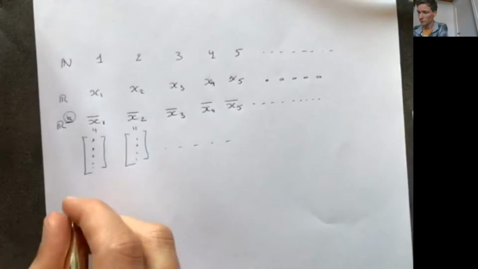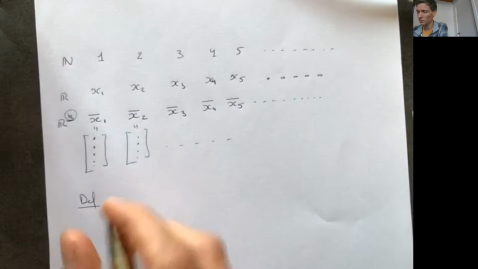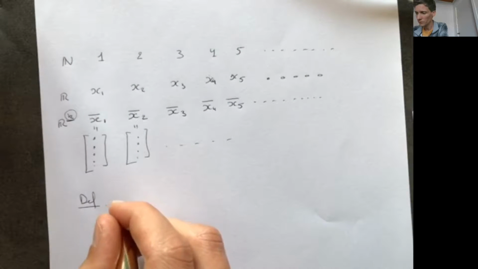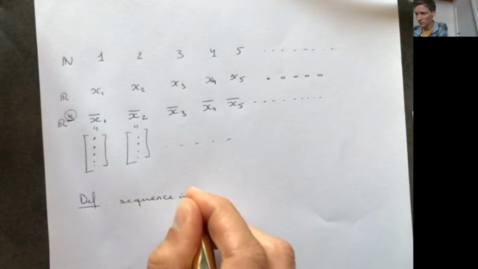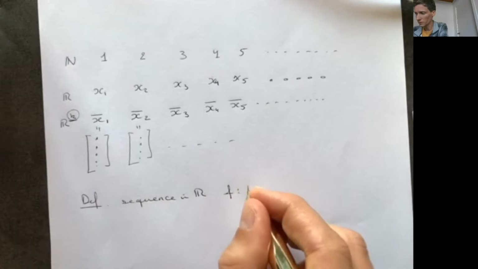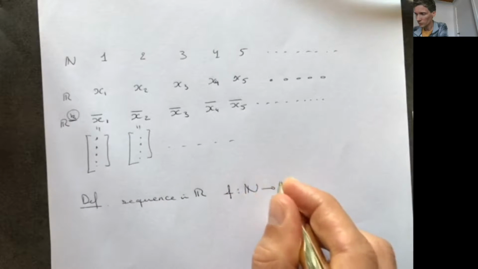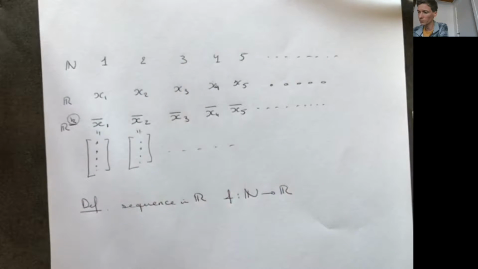Okay, so the definition of a sequence of vectors is very similar to the sequence of numbers. So remember that we defined a sequence in R to be a mapping f from the natural numbers to the real numbers, right? So for every natural number we associated a real number.